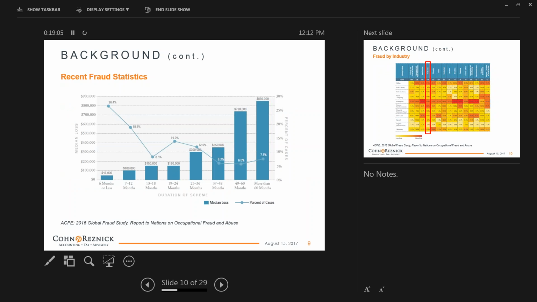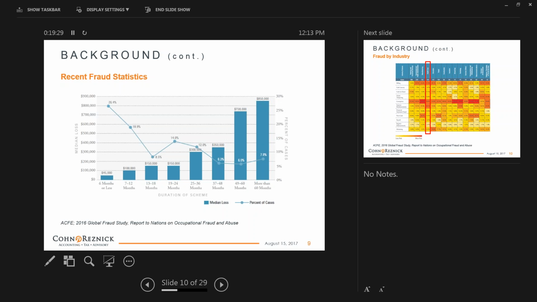This is another representation of the length of a fraud and what the losses amount to. And the third and fourth categories, 13 to 18 and 19 to 24 months, that's where a typical organization's fraud occurs more frequently. It's somewhere about 22 to 25% of all fraud cases reported.